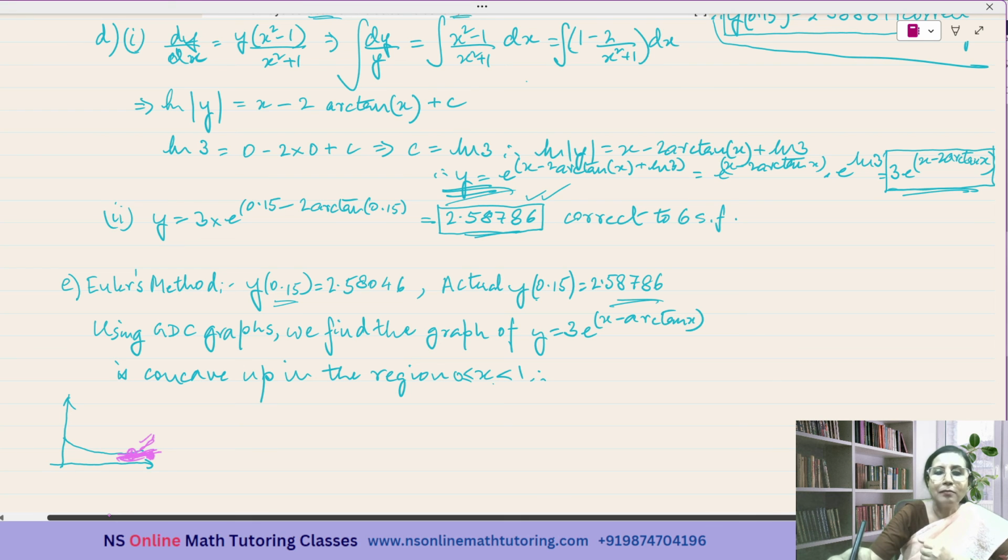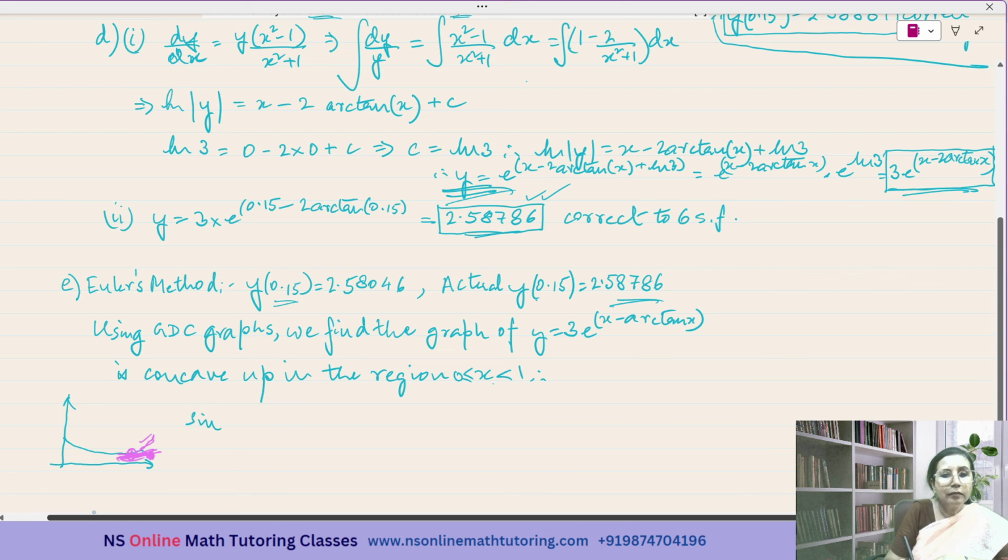That is why, as we move further from the initial point, the value of y obtained from Euler's method will go on decreasing, and the difference between the actual value of y and the value found using Euler's method will go on increasing, because the curve is moving up and the tangent is a straight line moving in a single direction. Okay, so that is the reason.